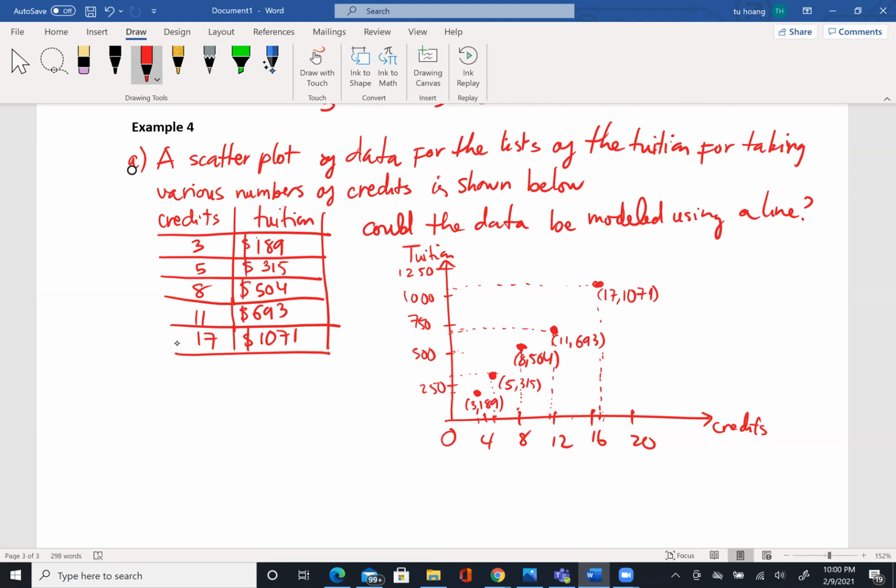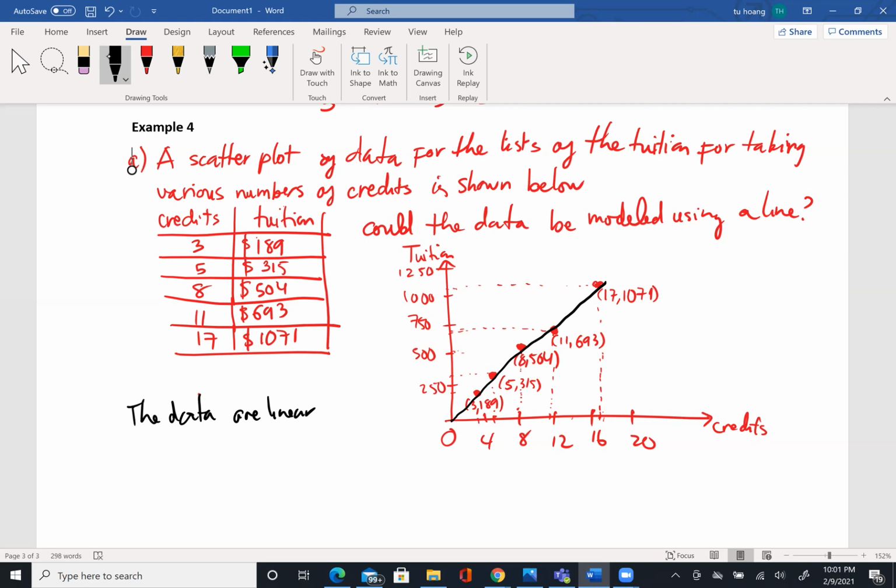So you can see that the data are linear, right? Why is it linear? You can just draw a line to go through these points. Not really nice, but it should look like that, right?